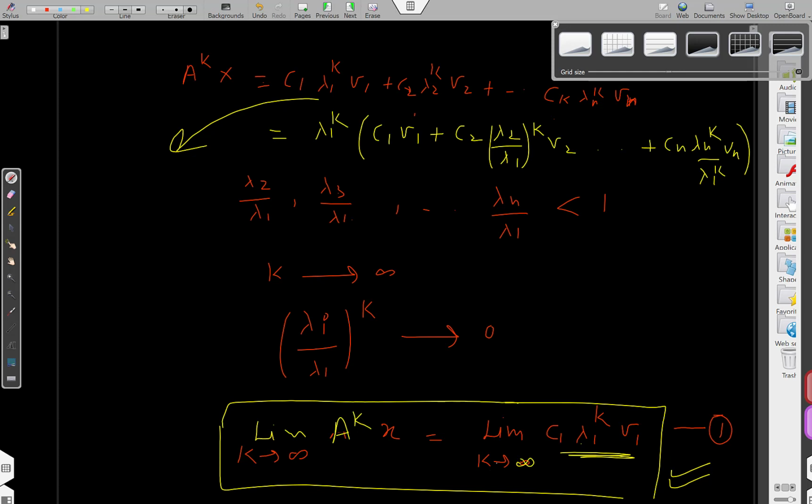But it is diverging if lambda 1 is greater than 1.